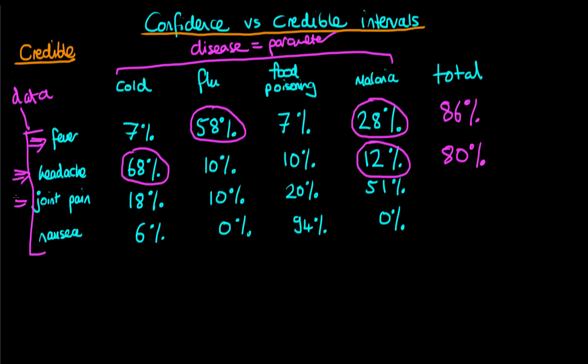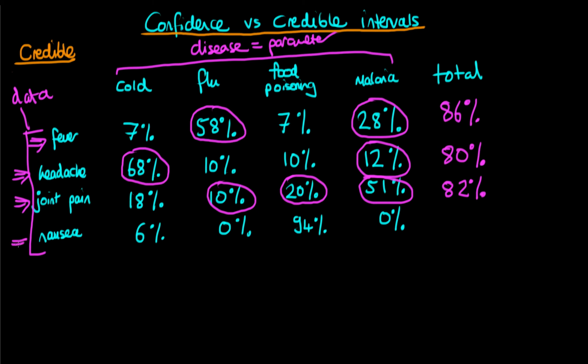For individuals that present with joint pain, first of all, we imagine that they could have flu, food poisoning, or malaria. It turns out with rounding, what we get is a coverage of 82%. So bear in mind that 82% doesn't add up to these three numbers here exactly because I'm neglecting a decimal point in each of these.